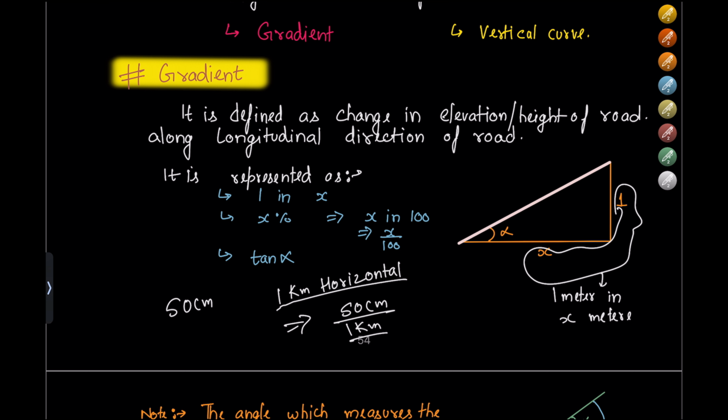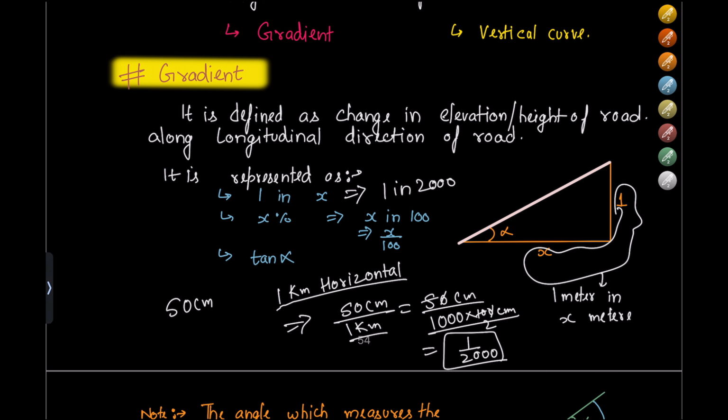This needs to be converted into the same units, so that would be 50 centimeters upon 1 lakh centimeters if I am not wrong. So this would be 1 upon 2000. This would be represented as 1 in 2000.